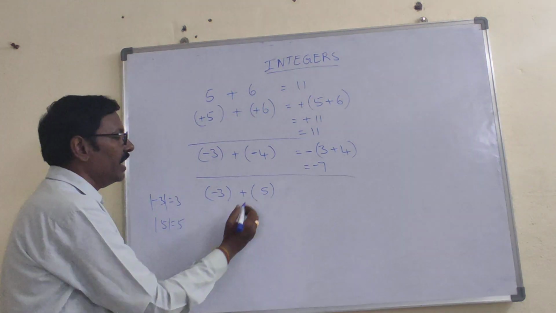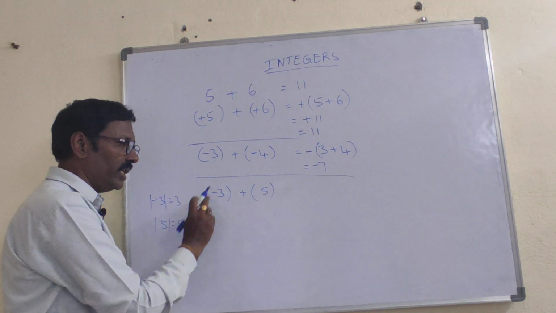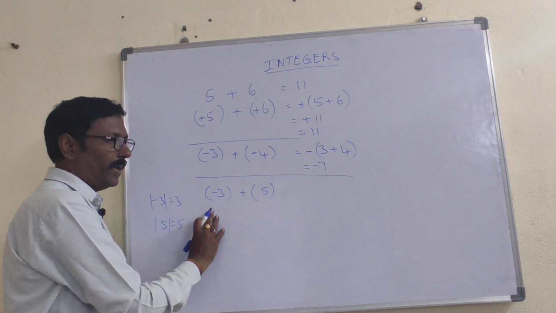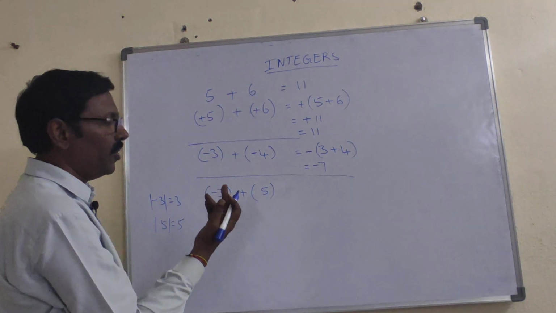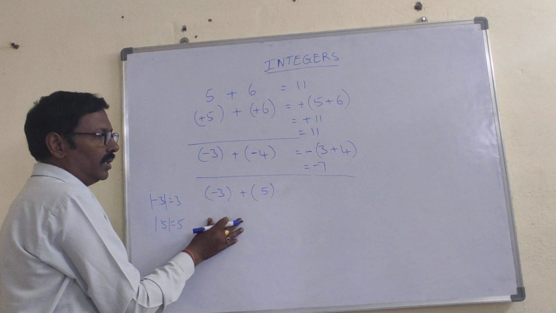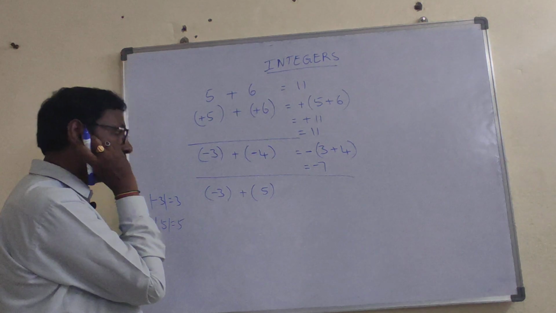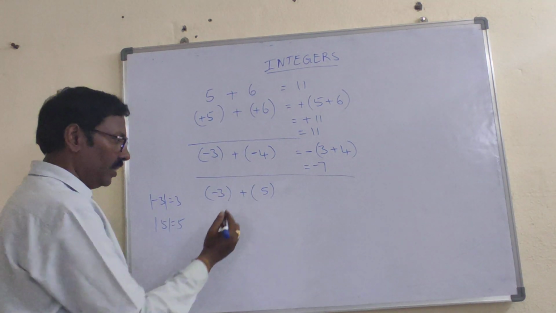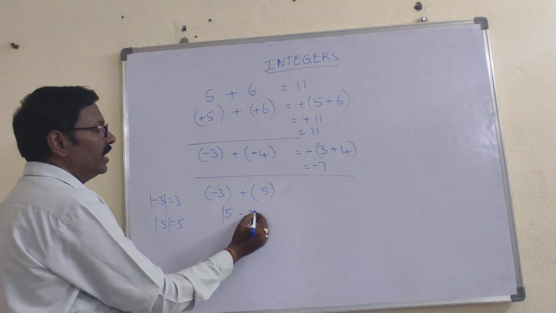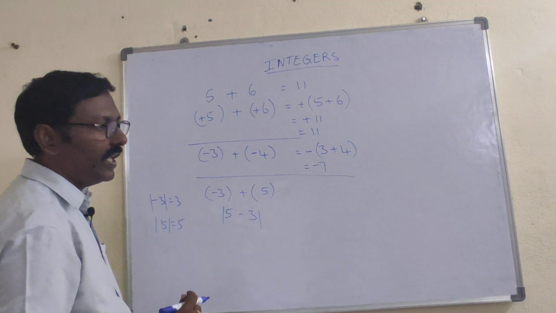One is positive and one is negative, so if you want to add one positive number and one negative number, we simply subtract the absolute values of those numbers. So we subtract 5 minus 3, which is nothing but the difference.